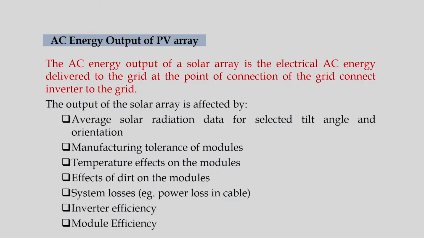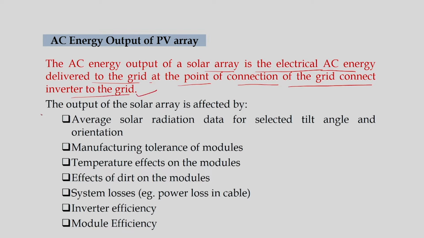This AC output of the plant is the electrical AC energy of the solar array delivered to the grid at the point of connection of the grid connect inverter to the grid.